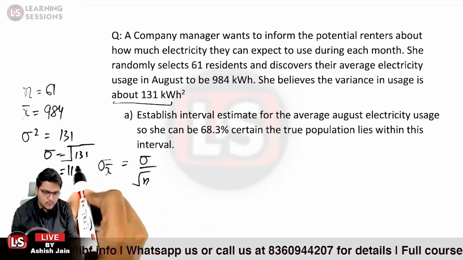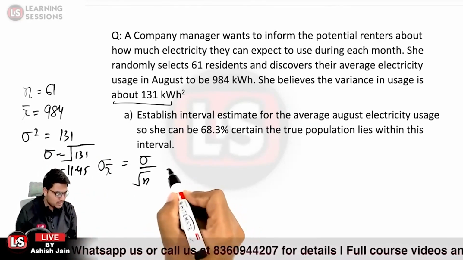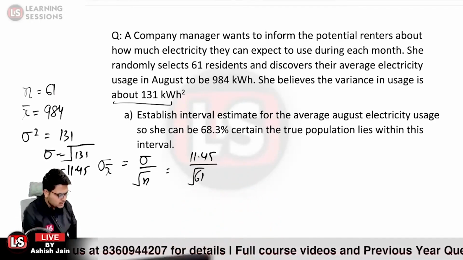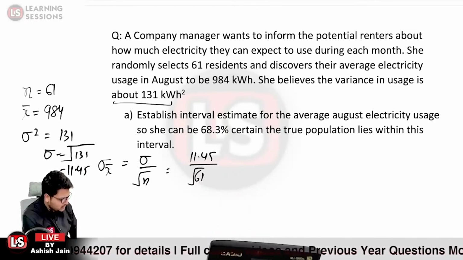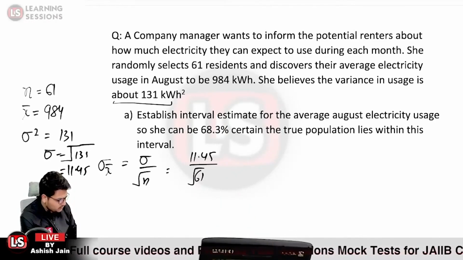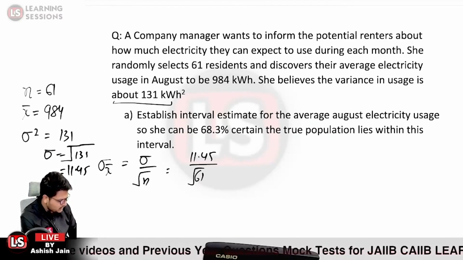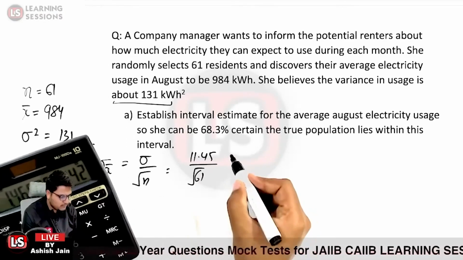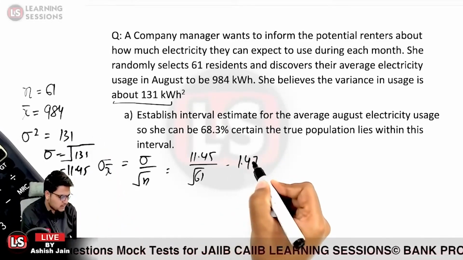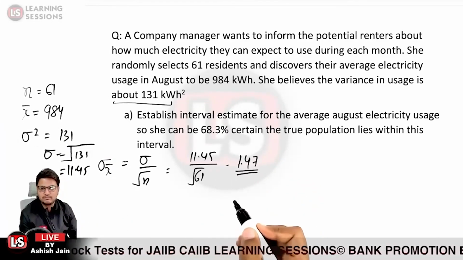And the value would be equal to 11.45 divided by under root of n, that is 61 under root, which is 7.81. So 11.45 divided by 7.81 comes out to be 1.47. So over here we have the value of sigma x bar equal to 1.47.